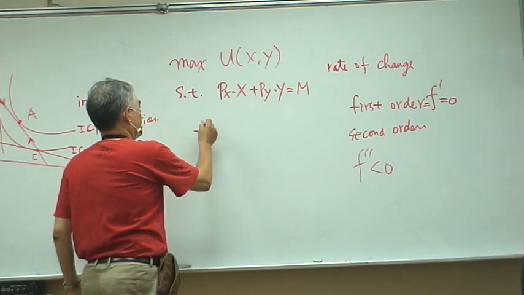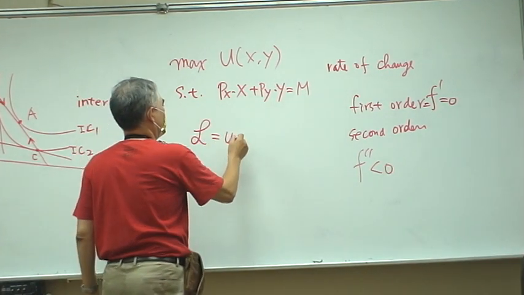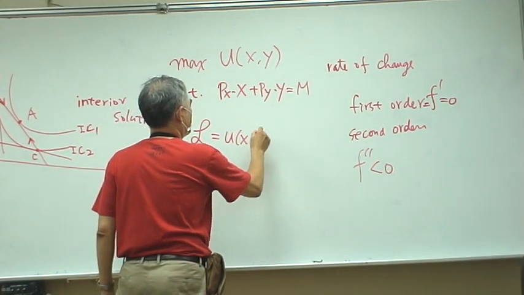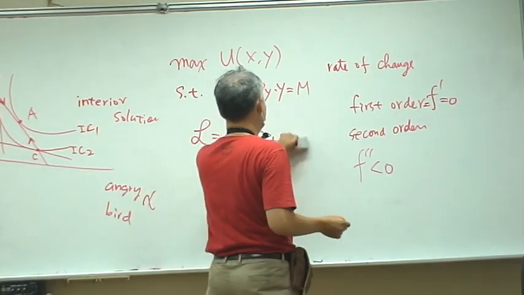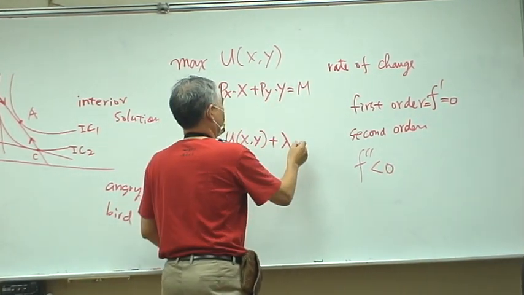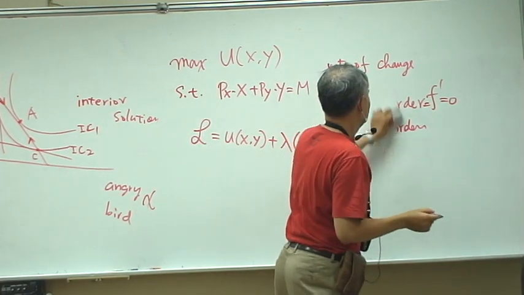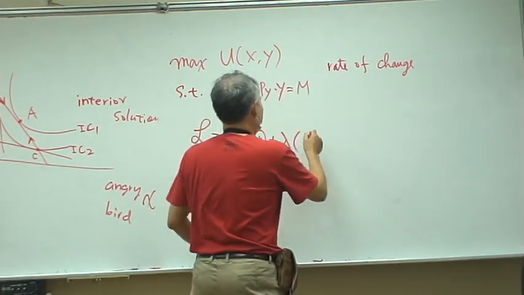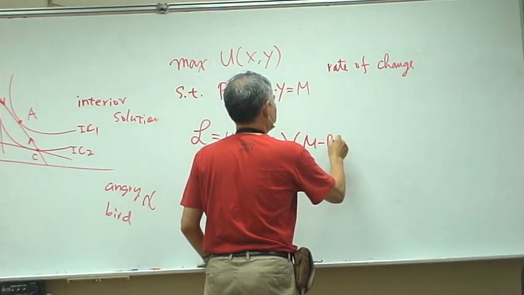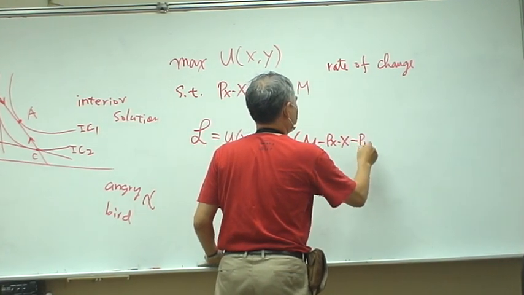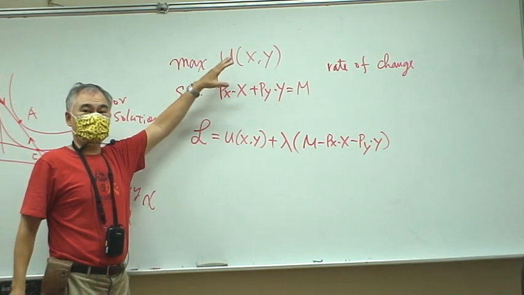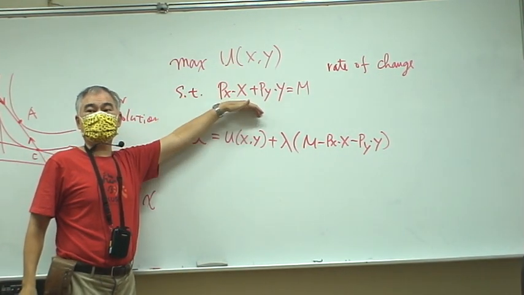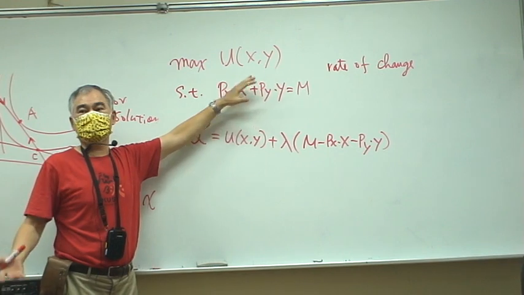So we have the Lagrangian is equal to u(x, y) plus lambda times (m minus px times x minus py times y), okay? Because we have a function and also a budget constraint, we don't have any way to deal with it.